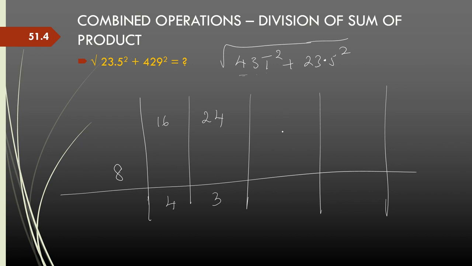But since I will have to subtract the duplex of 3, I might get a negative number. So I will just take 2 times 8 to the 16 and carry 8 as the carry forward to the next step. Then here it is duplex of 4 3 minus 1, which is 2 into 4 into minus 1, that is minus 8, plus 3 square, 9, which is 1.